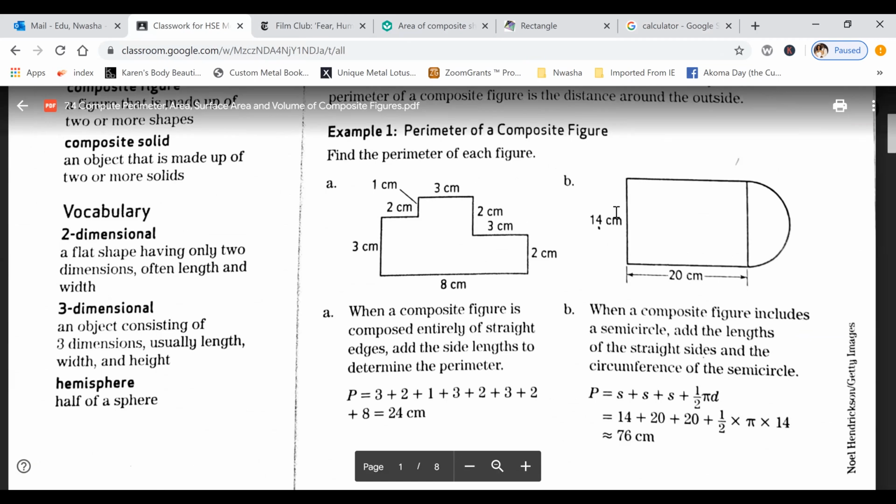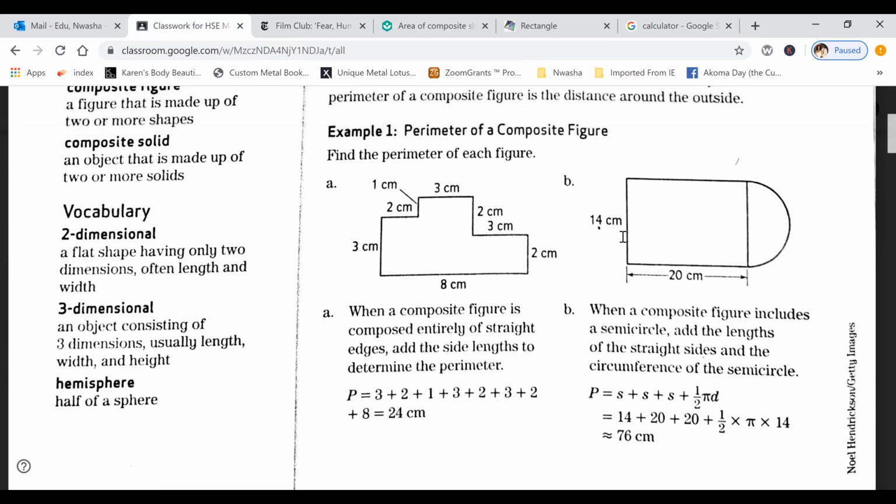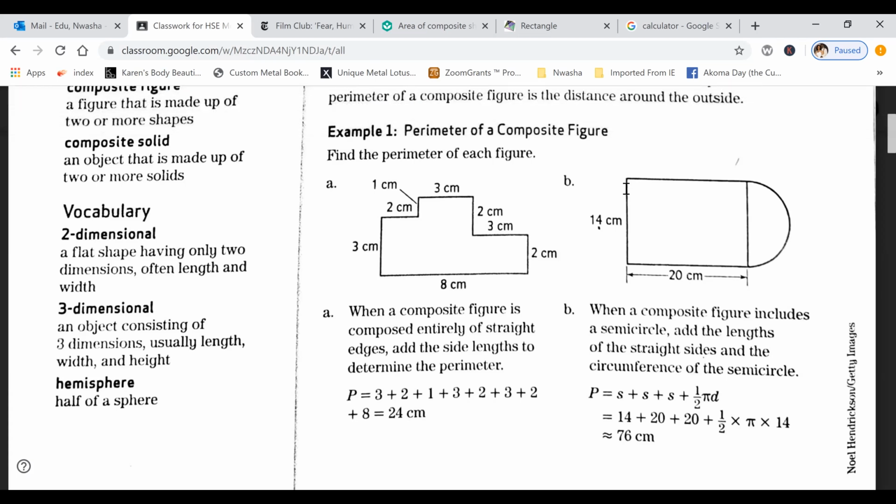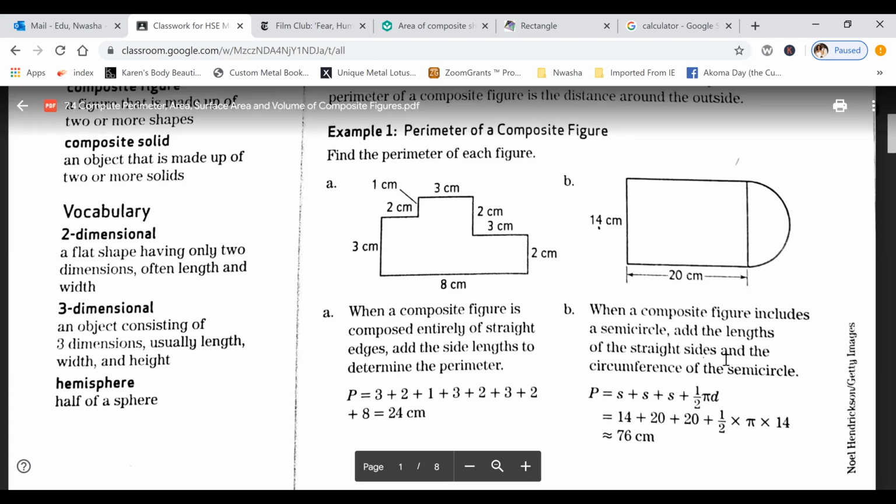So you're copying what is on the left because you're seeing it as two separate shapes. The rest of the circle would be right here inside of the rectangle, but we don't need that part because it's not the complete circle. And the person is going to run across the top, across half of the circle, across the bottom, and across the left. So you're just using the regular circle formula, which is pi times diameter, but you know you only need half because it's just a semicircle.